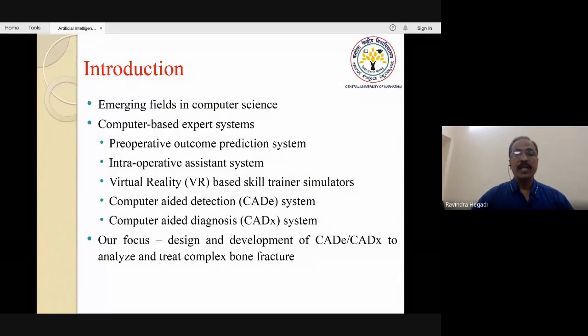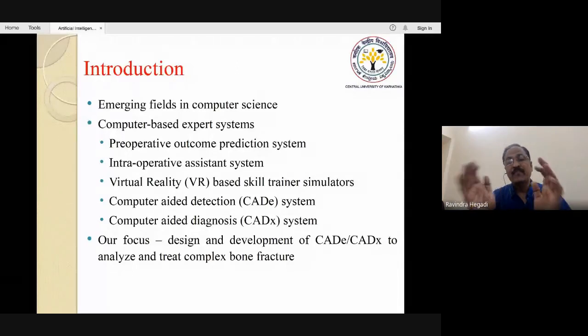Then in the virtual reality based skill training simulators, suppose for example a medical professor wants to train his graduate students, his PG students, at that time also training with the simulator will be much better. Otherwise every time you need to cut and show, and if you want to show a specific case like an accident case, and if there is no accident he cannot show it.